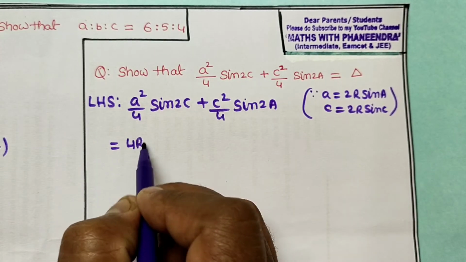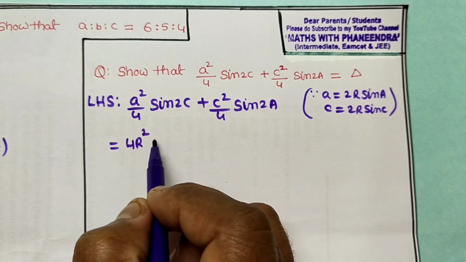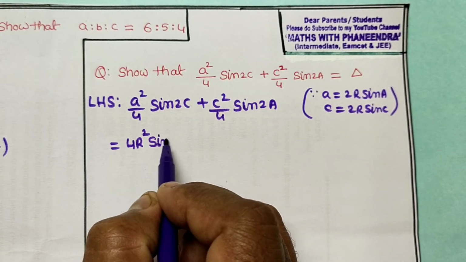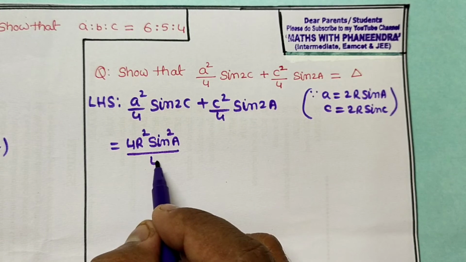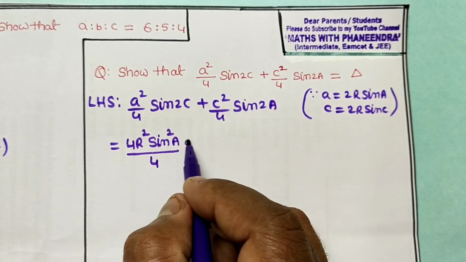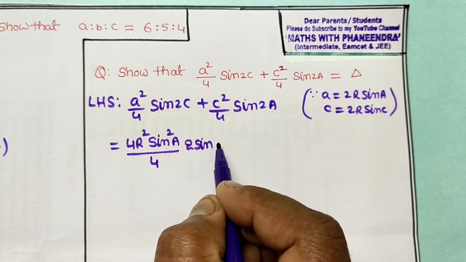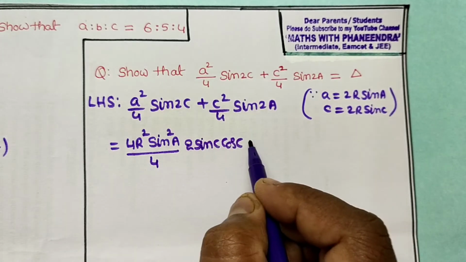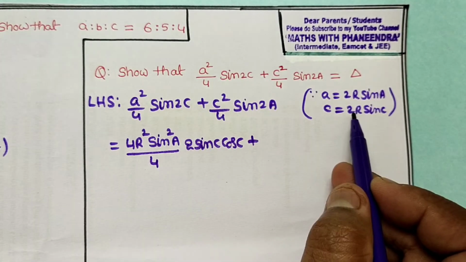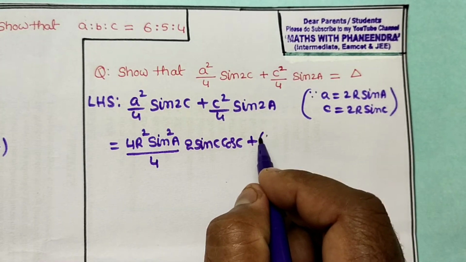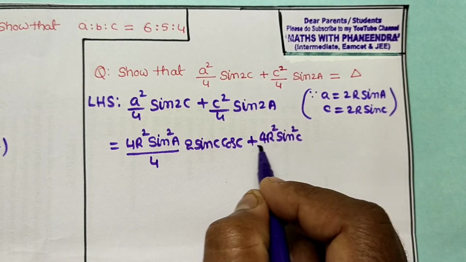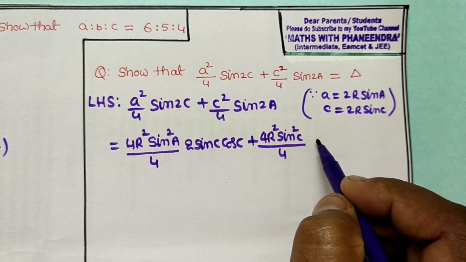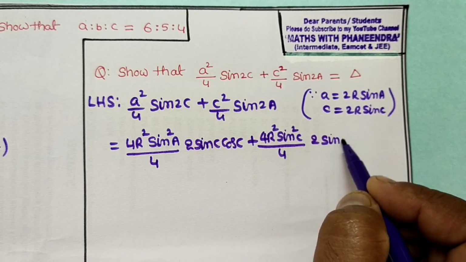Therefore, it will become 4R square sin square A divided by 4 into sin 2C, 2 sin C cos C, plus similarly C square, 4R square sin square C divided by 4 sin 2A, 2 sin A cos A.